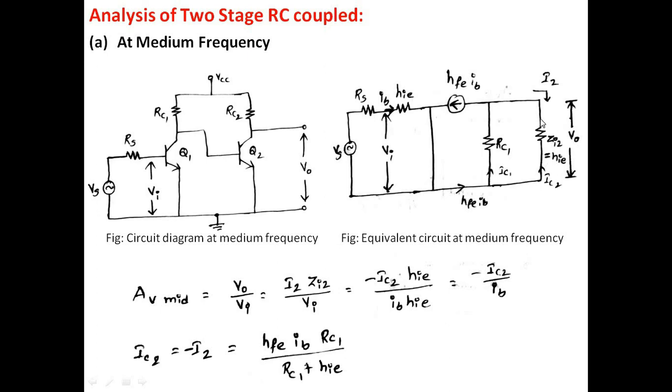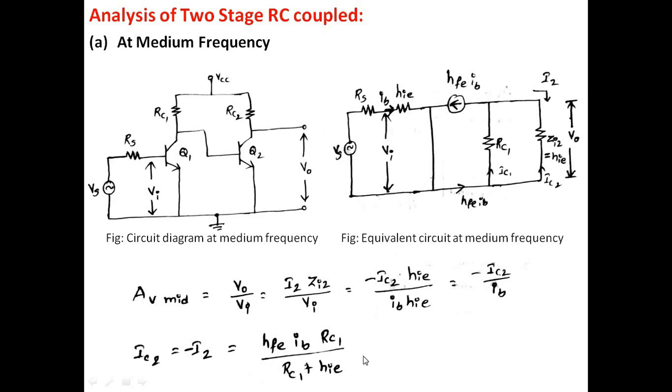If I want to calculate the current in HIE, the total current is HFE into IB. If you are calculating through HIE, we need to take the other resistor: HFE into IB into RC1 divided by the total resistance RC1 plus HIE. That's what we have written here: HFE IB RC1 divided by RC1 plus HIE.